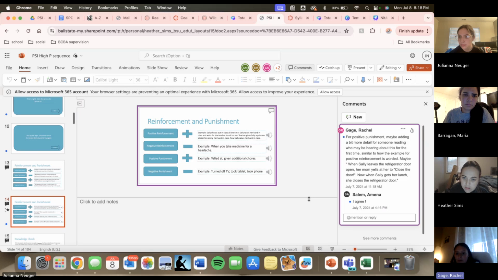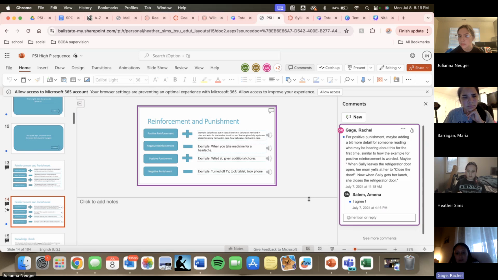Okay, so for this one, I remember specifically positive punishment. I thought about maybe adding a bit more detail. Like the first one about positive reinforcement was detailed enough. I felt like as an example, to be understood from another perspective of someone who might not be familiar with ABA or positive reinforcement, that concept in general. So I gave an example like when Sally leaves the refrigerator door open, her mom yells at her to close the door.